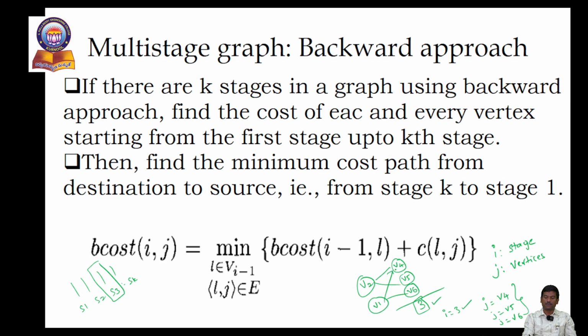It is a directed graph where directions are provided, so when you take vertex 4, it is connected from V1, and similarly from V2. That is, for V4 there are two vertices connected: the V2 to V4 edge exists, and the V1 to V4 edge exists. So the values of l will be V2 and similarly V1. This is what you need to understand before going into details about the backward approach.